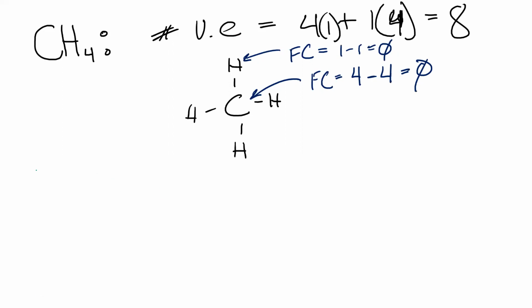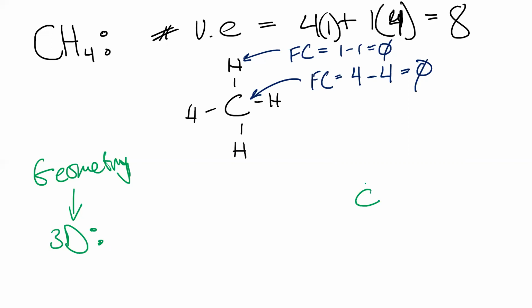Now, let's jump to the geometry. Once you add a 4th atom into the mix, you can't space these out just in 2 dimensions. You have to actually go to a 3rd dimension. So this is going to be the first shape that we have that is 3-dimensional. And that essentially looks like carbon in the center. We draw in 3 dimensions, something that I will go over hopefully in another lecture or is covered on the website.